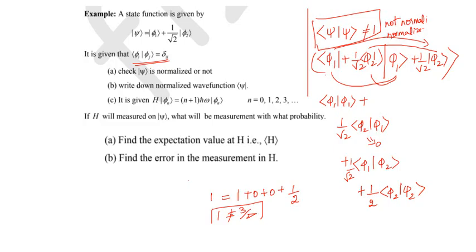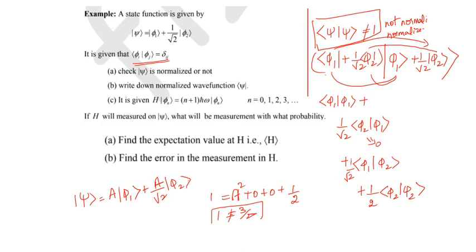Just multiply by a. If you multiply by a, psi equals a into phi 1 plus a into 1 by root 2 into phi 2.